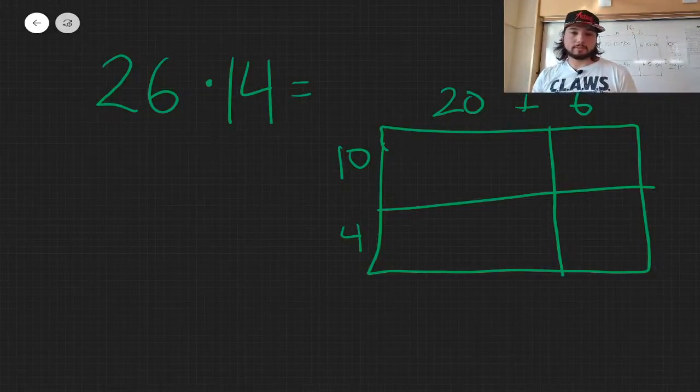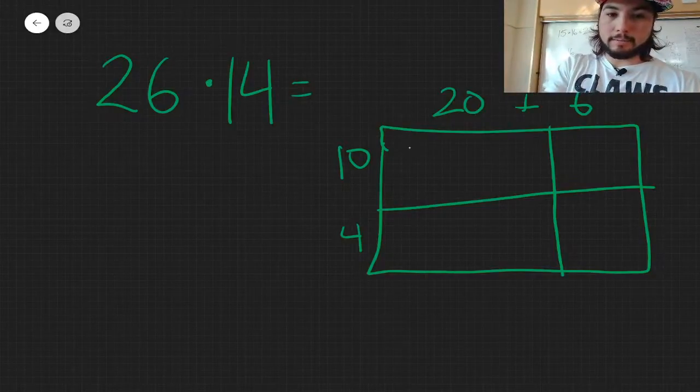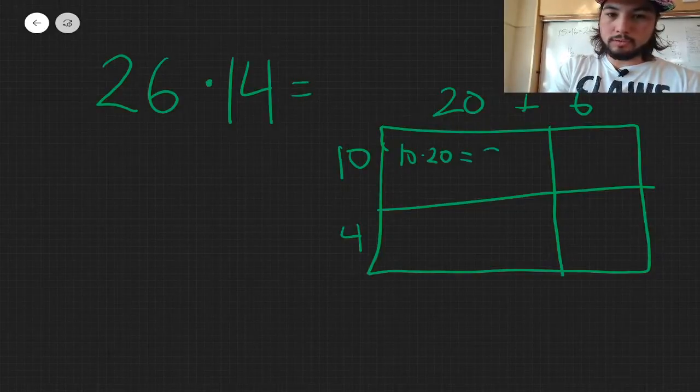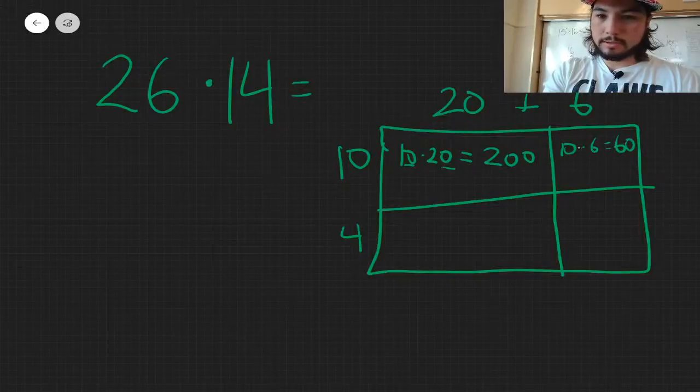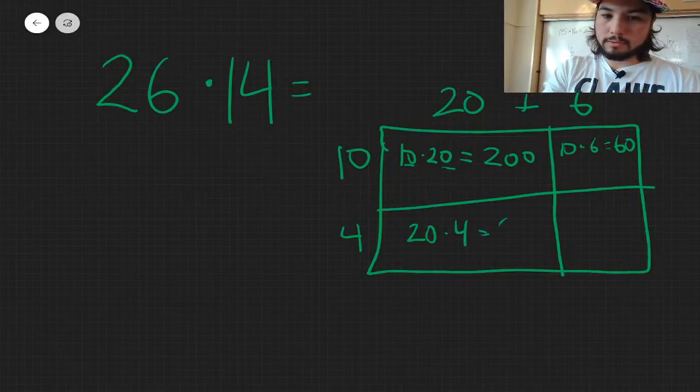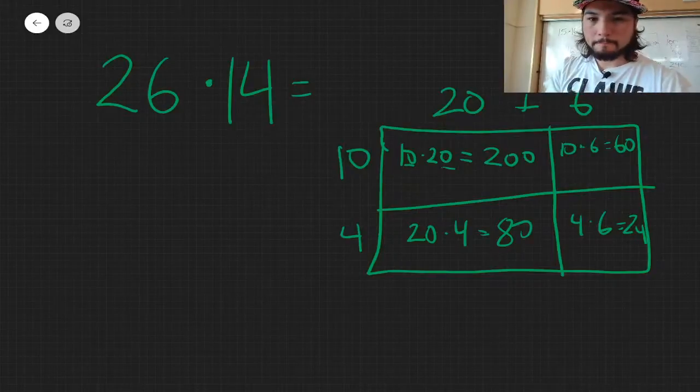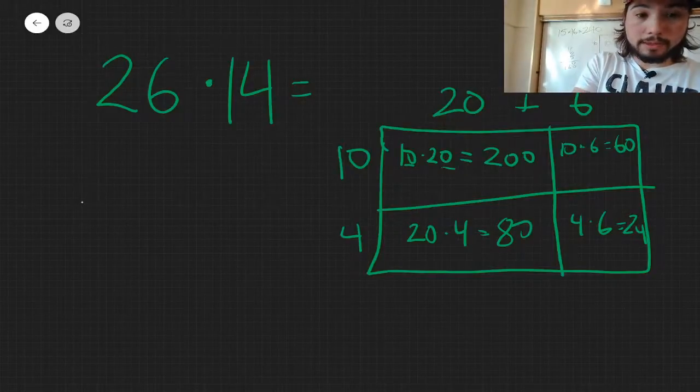Then find your partial products. 10 times 20, or 1 times 2 with our 2 shortcut zeros. 10 times 6, 20 times 4, and then 4 times 6. And then add them up at the end.